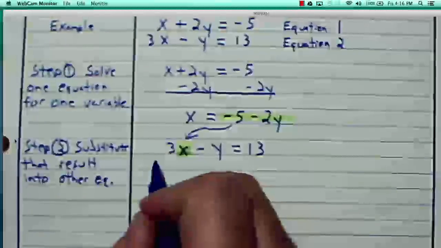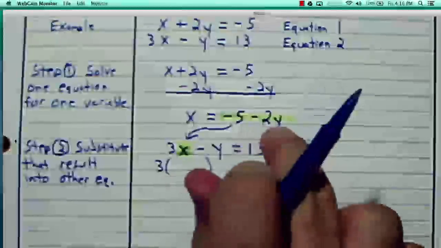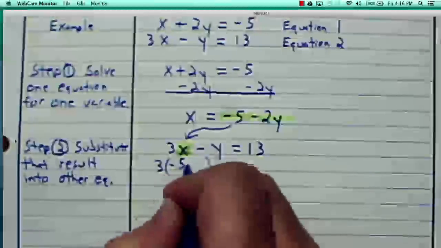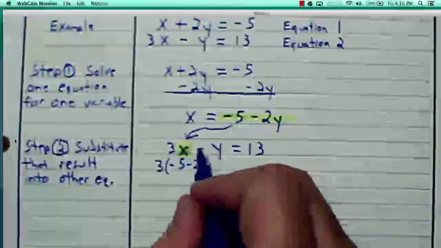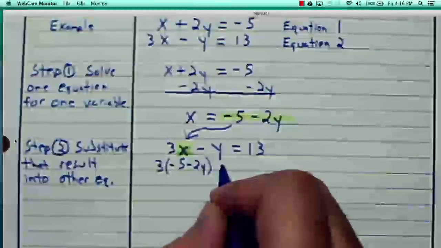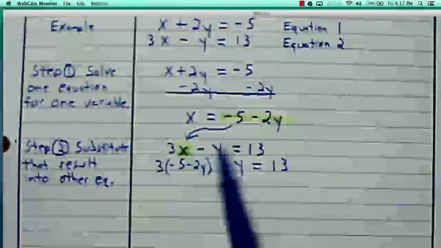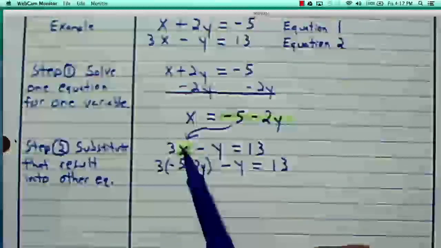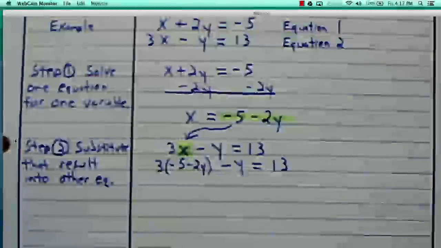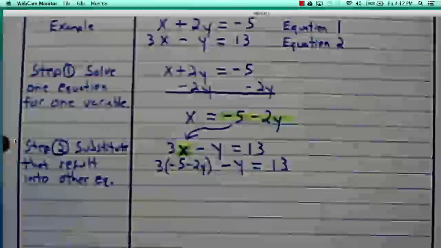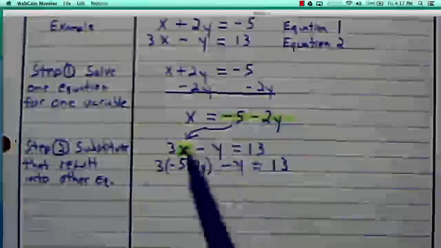So equation 2 becomes 3, open parentheses, substituting this expression, -5 minus 2y, because that's what x is, and then leave the rest of the equation the same, minus y equals 13. I have simply substituted in place of x what I knew x to be, this expression. So this is new to us. Previously we've done substitution, but typically a constant. Here we're substituting an entire expression in place of x.